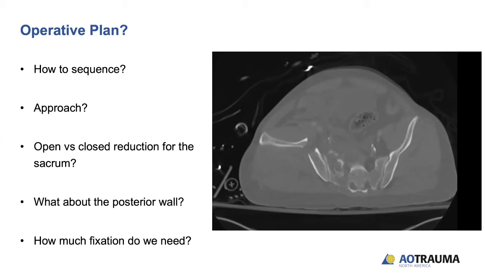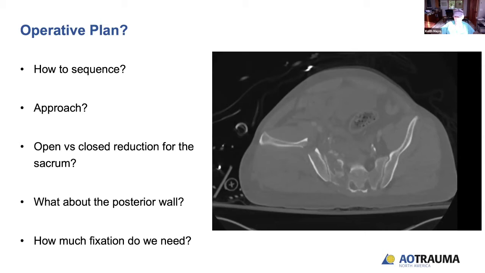Keith, do you think this is an associated both column that you could reduce in isolation of the sacral fracture? Well, that's what I'm hoping. It's a relatively straightforward articular injury, or it seems to be. Yeah, I mean, the traction film looks promising. But I'd certainly start anterior, I think, and try to reduce the anterior column back to the intact innominate bone.